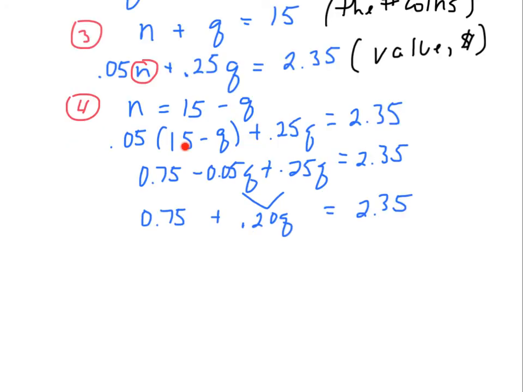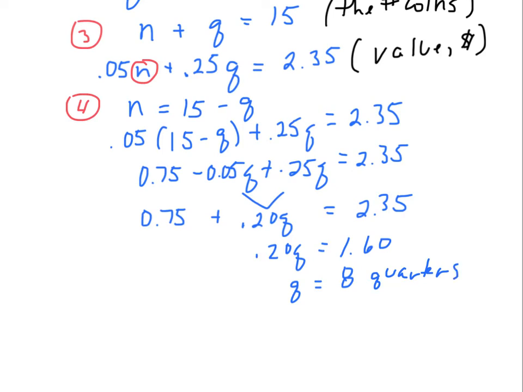So with the substitution, distribute that 0.05 here into the parentheses. Combine your like terms, and then we're going to move the 0.75 over by subtracting it and dividing out the 0.20. So at this point we know that he supposedly has 8 quarters.